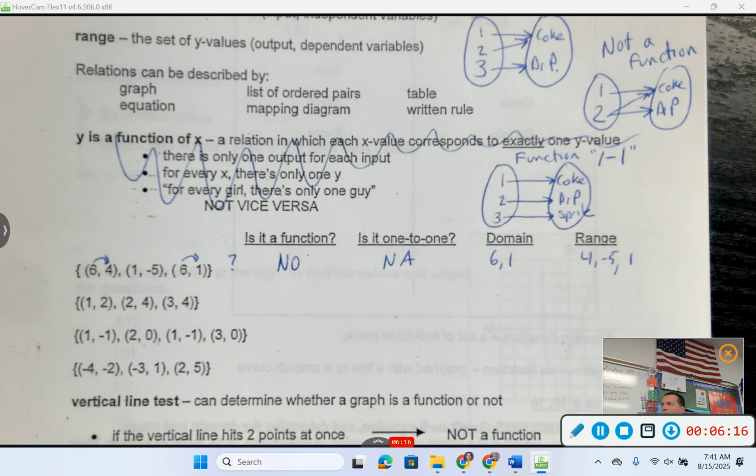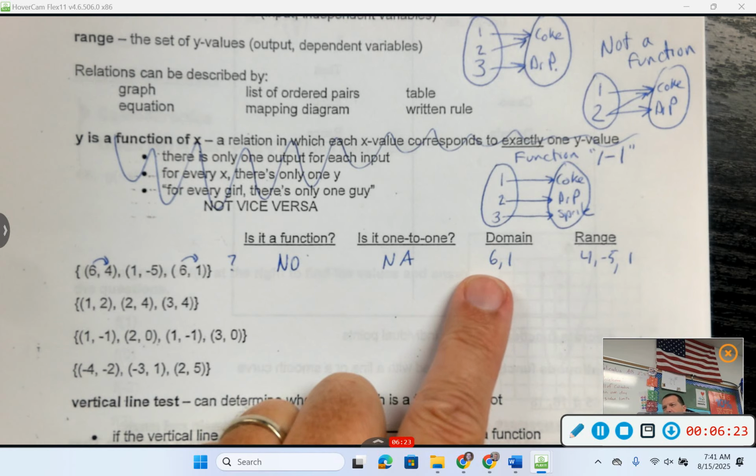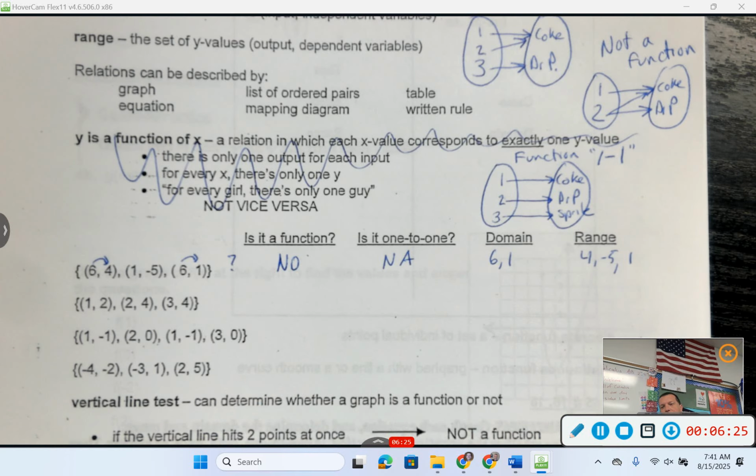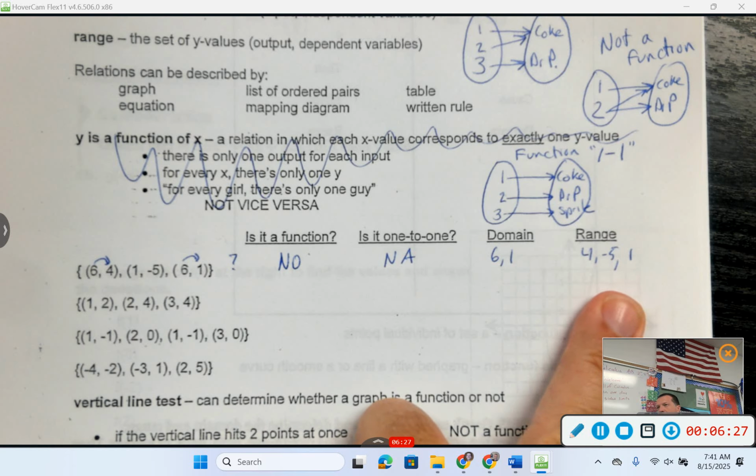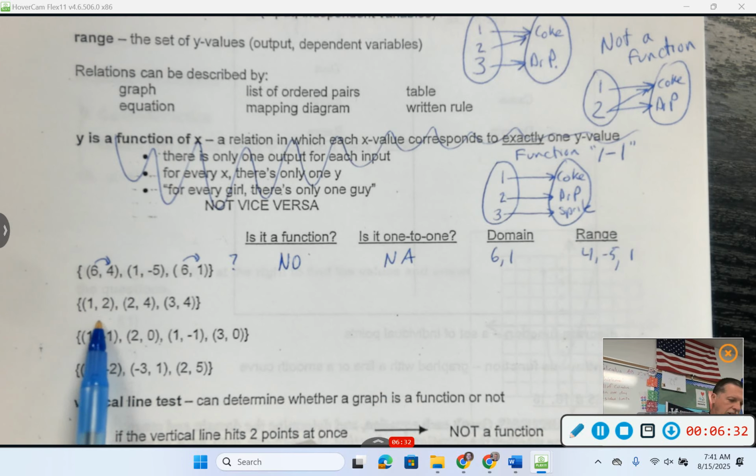I listed them in the order that I saw them. Other people think that looks funny and they want to put them in numerical order. That's fine. It doesn't matter.